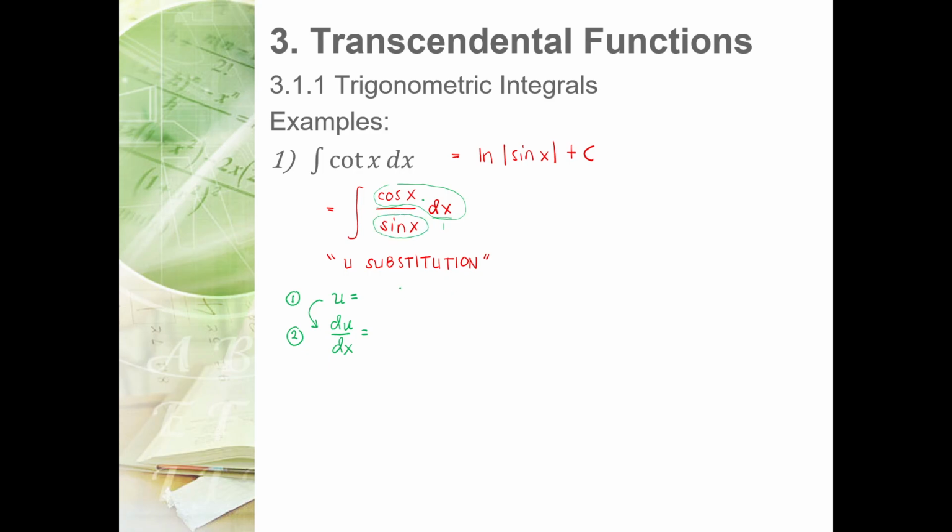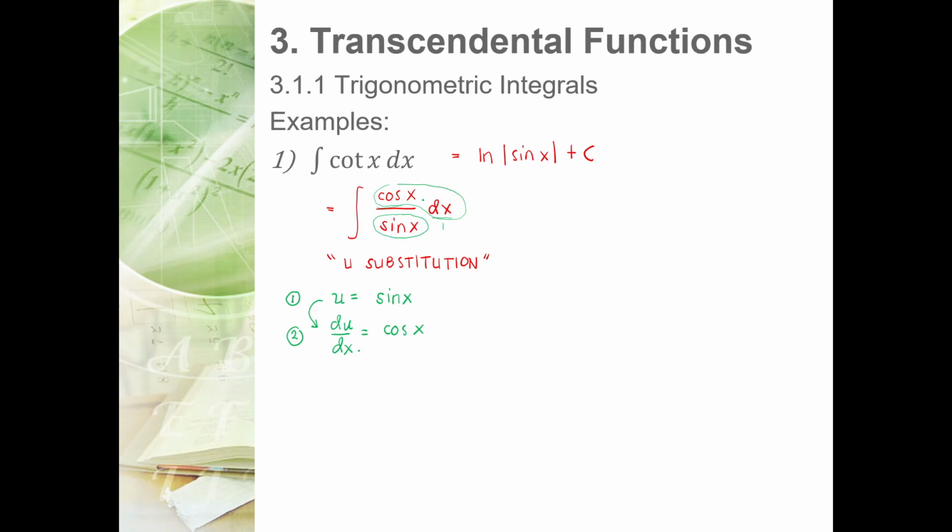All right. So given the situation above, I can say that my u term should be sine x, because when I get the derivative of sine x, this would become cosine x. And then we have dx, di ba? So notice that cosine dx is in the numerator.